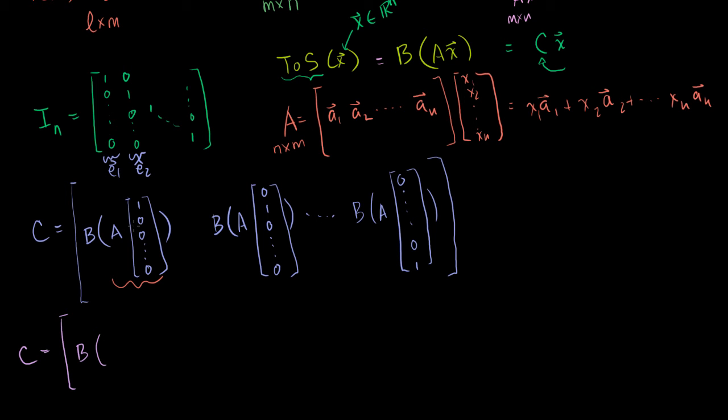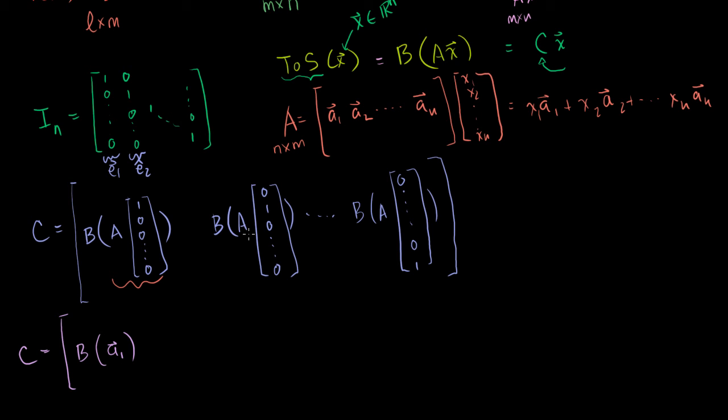We already said it's just going to be 1 times the first column in A plus 0 times the second column in A plus 0 times the third column and so on. So it's just A1. That's simple.